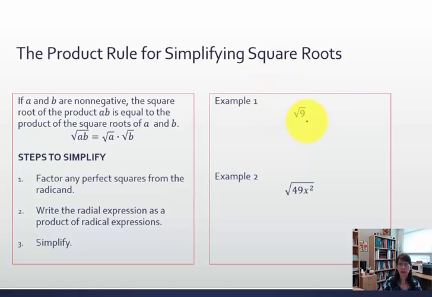Well, you might already know that 9 is a perfect square. So if we use the product rule to show that, we could break down the square root of 9 as the square root of 3 times 3, which some people like to write as the square root of the quantity 3 squared.